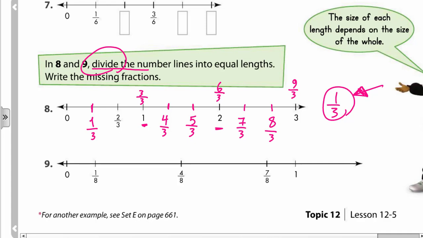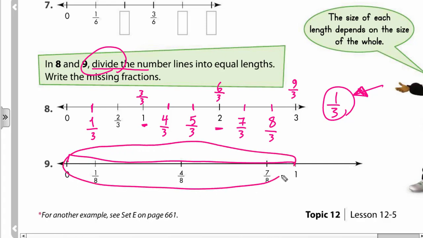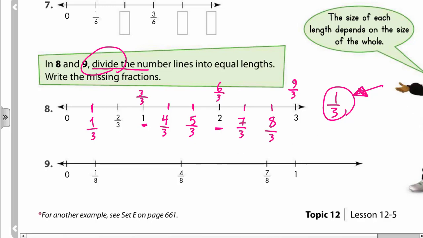Okay, my heroes. Let's move to the next question. Muammal. I am here. Okay. As you can see here, Muammal, this is 1/8. So the distance between 0 and 1, all of it, we need to divide into how many parts? 8.